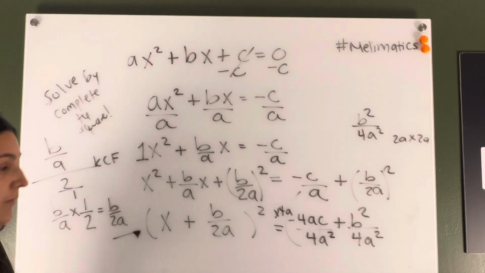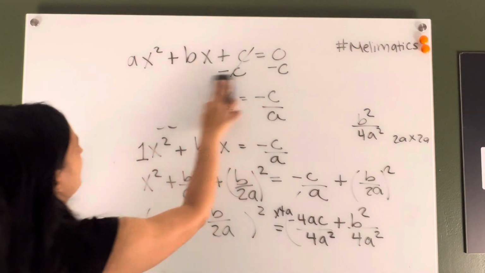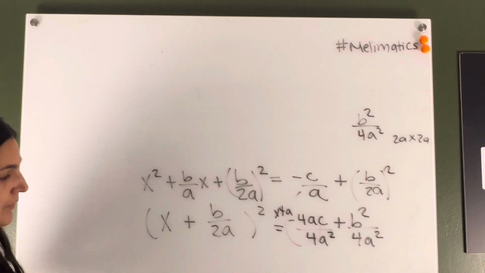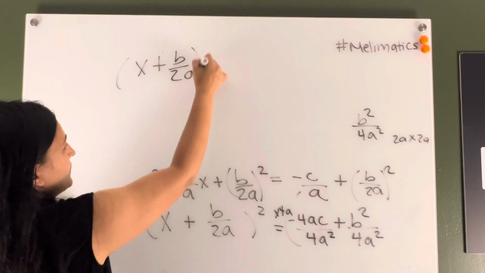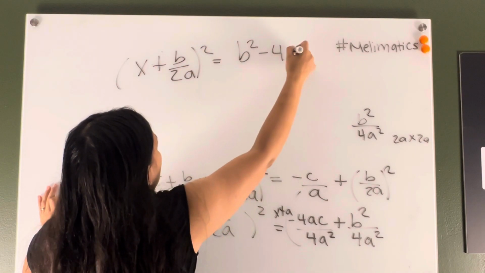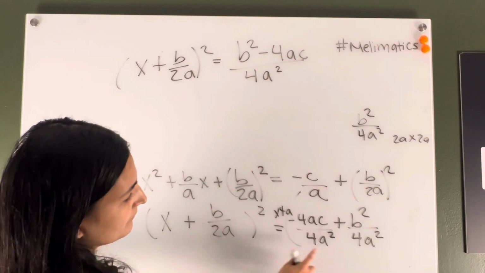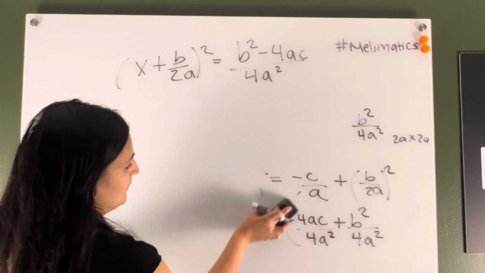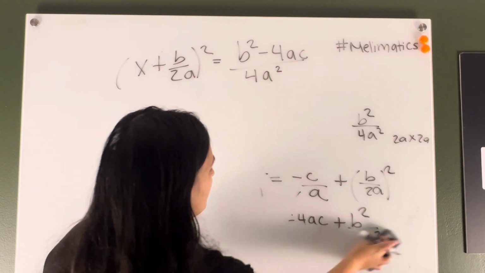Okay, so now I'm going to erase this and we're going to finish this. So I'm left with x plus b over 2a squared equals, and I'll put the b squared in the front, b squared minus 4ac all over 4a squared. Okay. Remember, you could flip these terms, put the b squared in the front and the negative 4ac in the back, right? They're still being joined together.